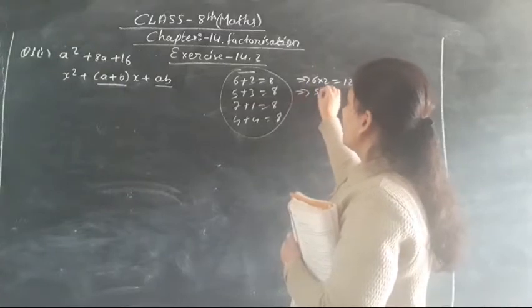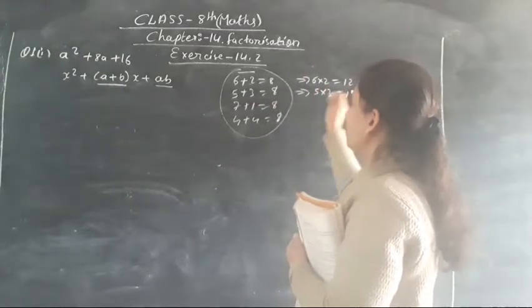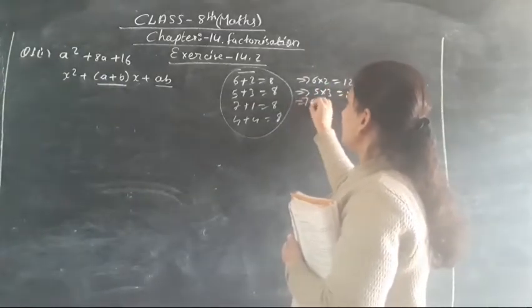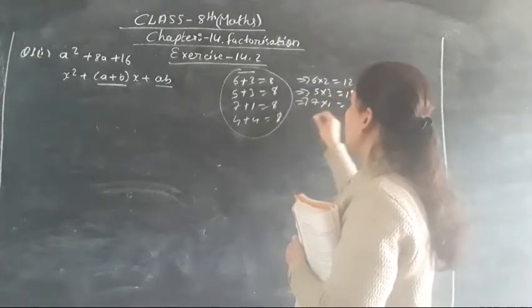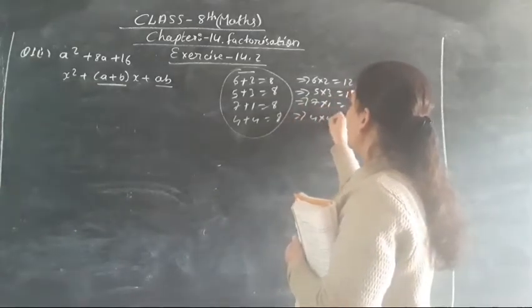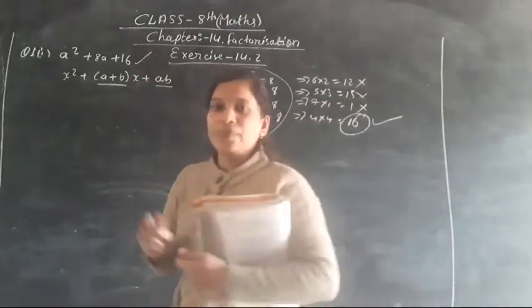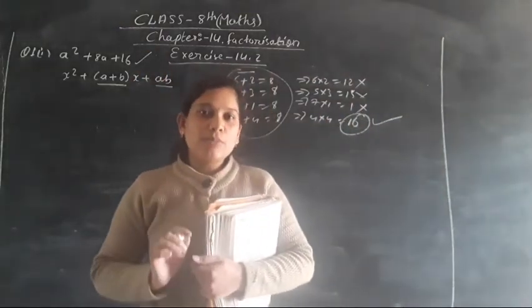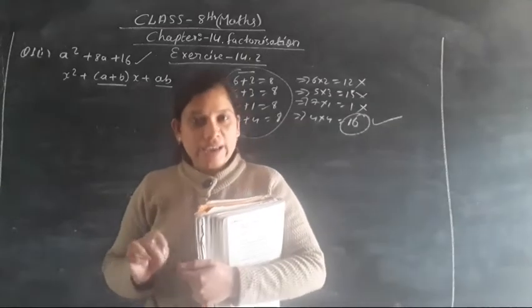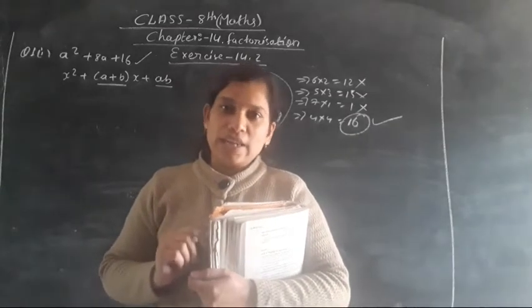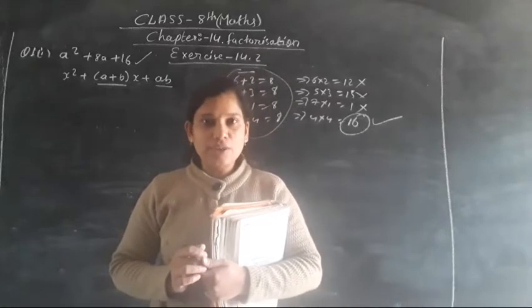We cannot take it. 5 into 3 gives 15. We cannot take it. Then 7 into 1 will be 7. We cannot take it. Then 4 into 4 is equal to 16. So here we are getting the last number 16, isn't it? So we can take the numbers 4 plus 4, that is 8, and 4 into 4, that means 16. Clear to everyone?